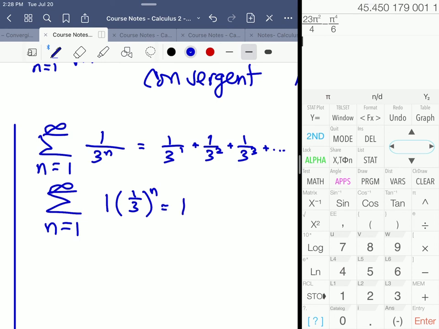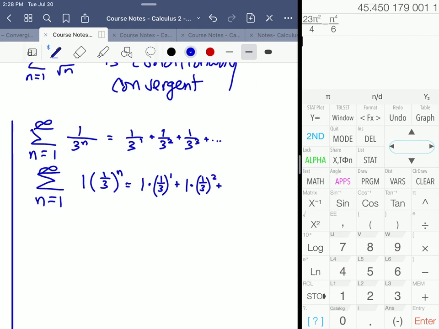Then I'd be looking at 1 times 1/3 to the first plus 1 times 1/3 to the second, and so on. That would get us where we need to go. But it's kind of neither here nor there what the initial value is. Once you identify it as a geometric series, we know that this is convergent.